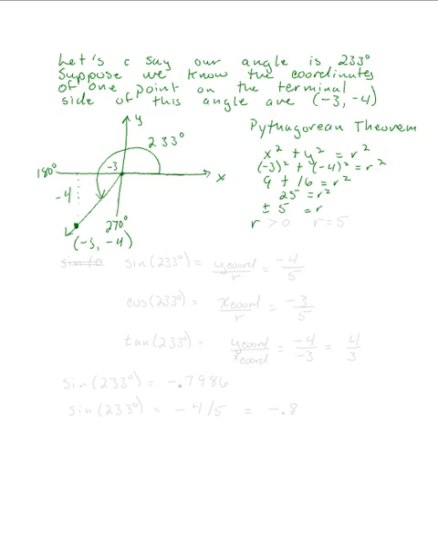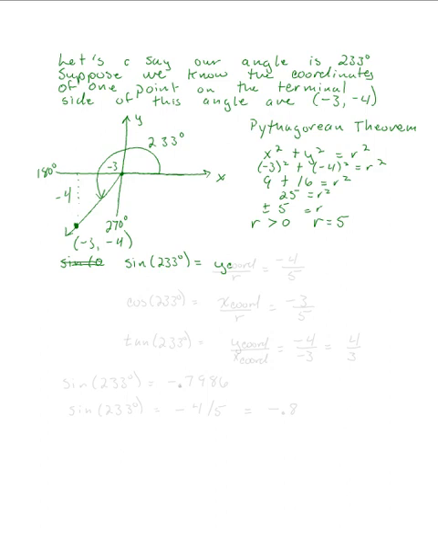But if you recall, we said that r is always going to be greater than 0, so we're going to say r is 5. Okay, so now I think we're ready. We know what x, y, r, and the angle is. So let's write down some trig functions then. The sine of 233 degrees.